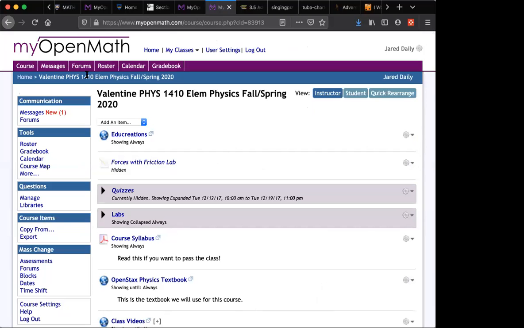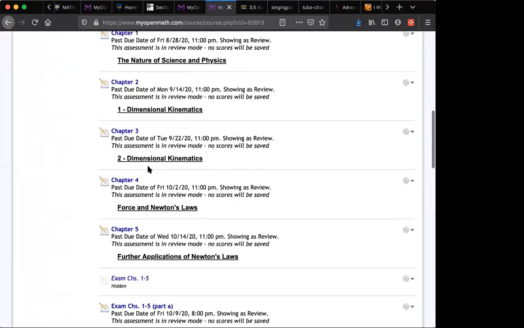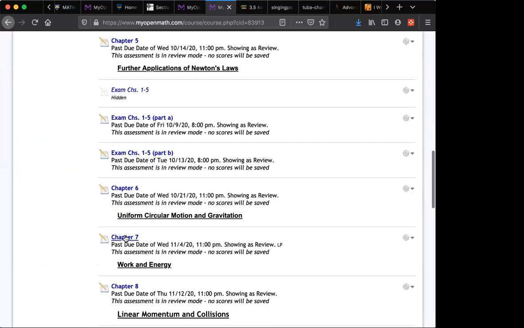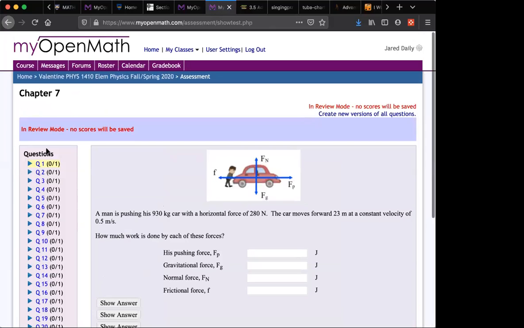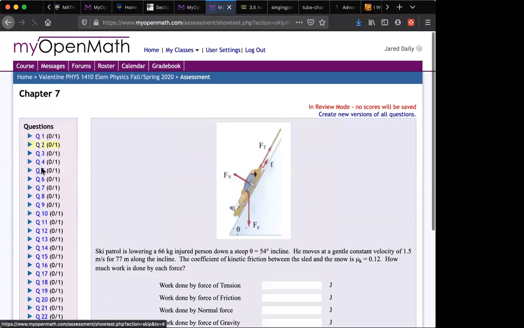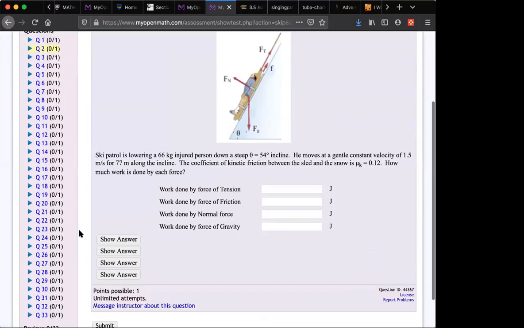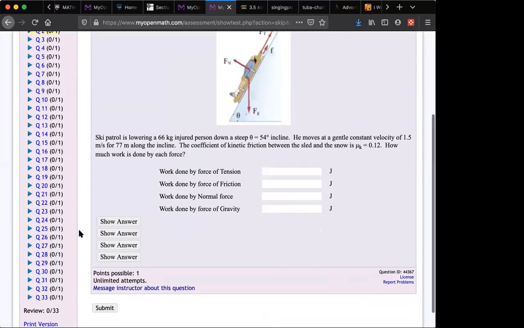I have the number 2 from chapter 7. Chapter 7 homework number 2. Oh, yes. This is a favorite of everybody's, right? So one of the things that is most often, this problem freaks a lot of students out because it's on an incline.